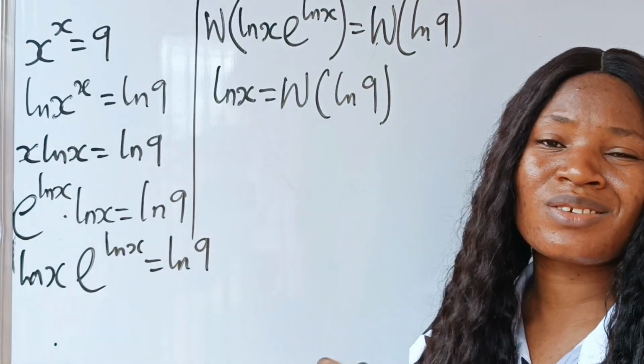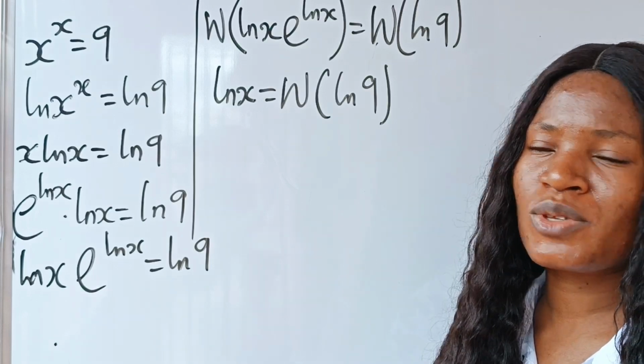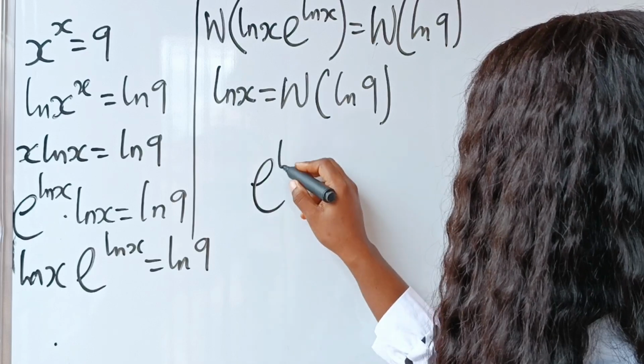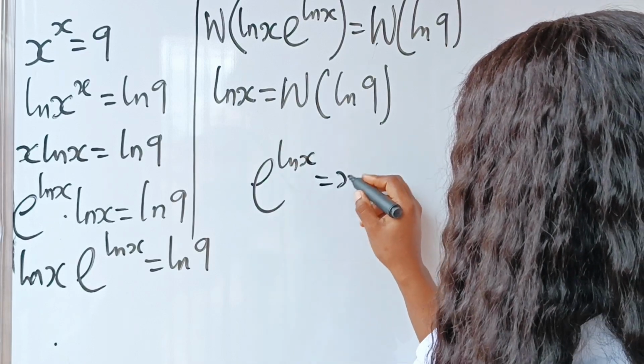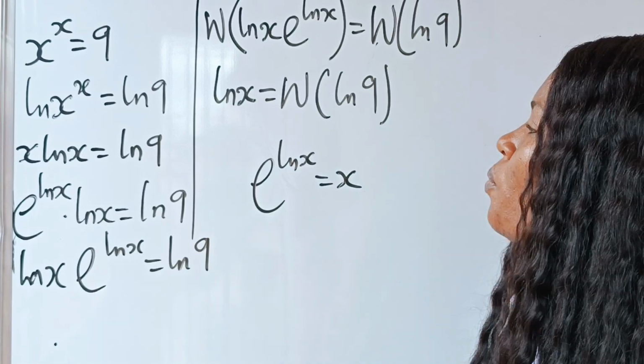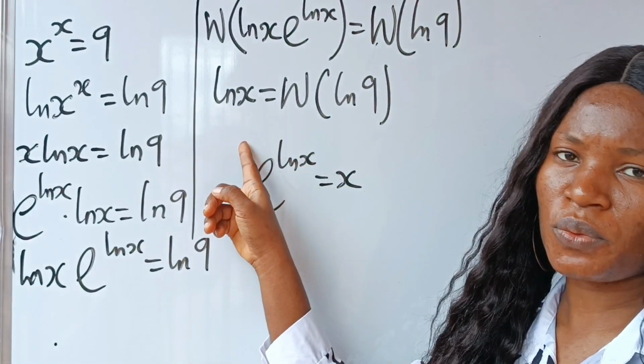Now recall that we are looking for the value of what? x. Yes, that is exactly what we are looking for. And to get the value of x, recall that e to the power of ln x will give us x. That is the only thing that can give us x. Therefore, let's introduce e to both sides of the equation.